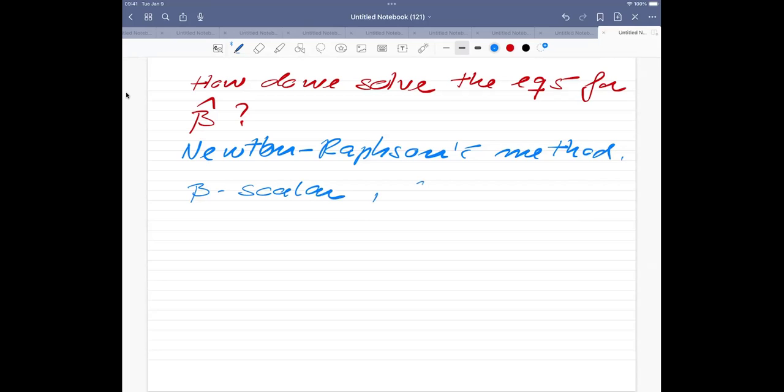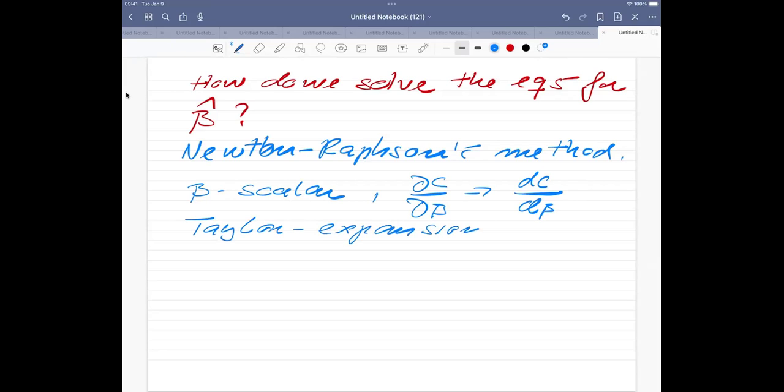So that means that the cost function dC/dβ goes simply over to dC of the one specific value beta. So we don't need to take into account the partial derivative. We have only one value of beta, okay? So that is the gradient we defined previously. And what we are going to do now is to make a Taylor expansion around the optimal value.